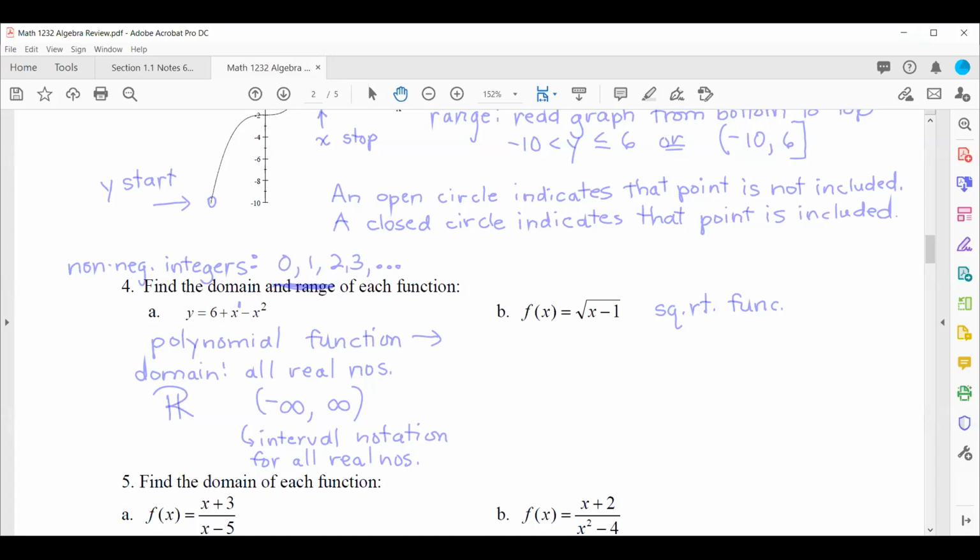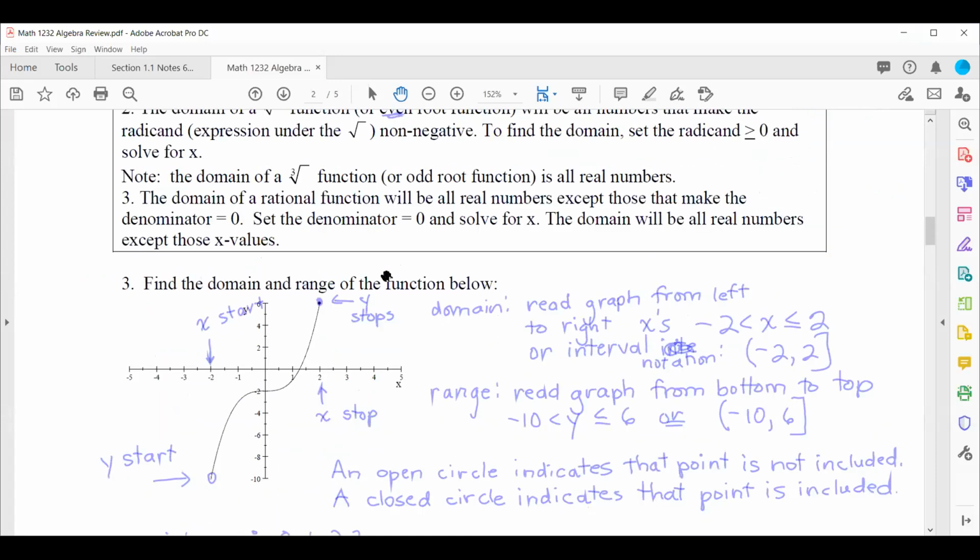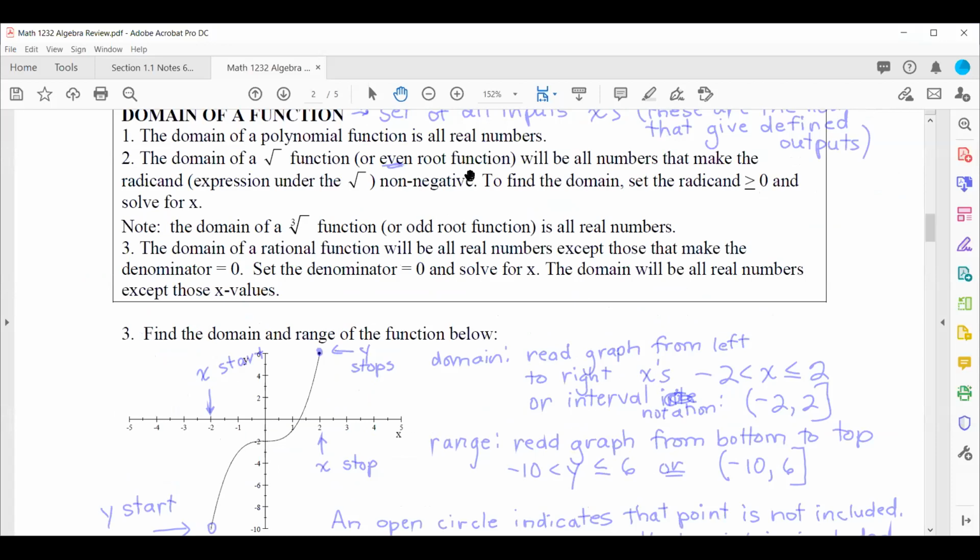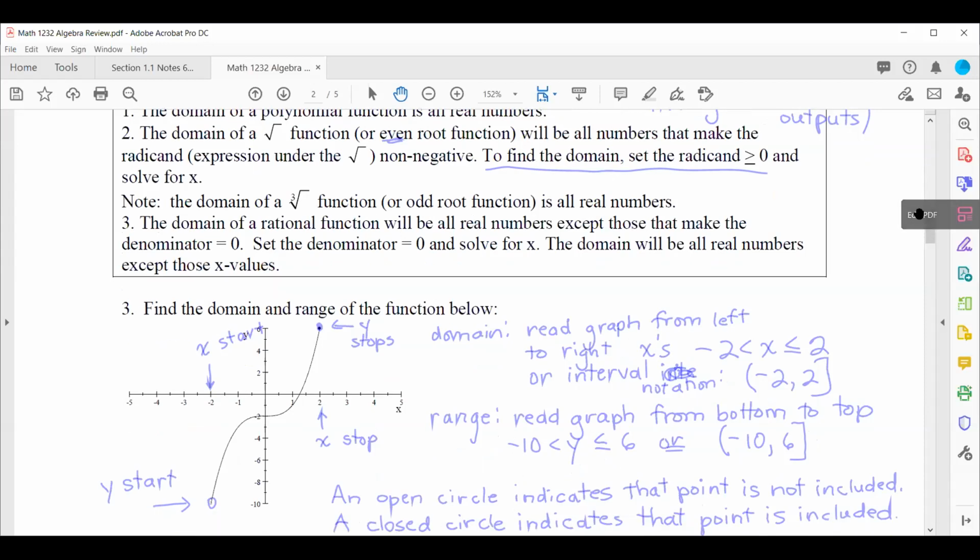If you were to go back and look at the instructions or the rule up here in part 2, specifically this part, to find the domain, you take the radicand, which is just simply the expression under the radical. You set that greater than or equal to 0 and solve for x.